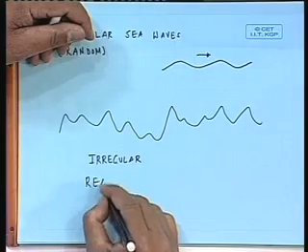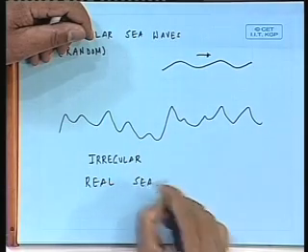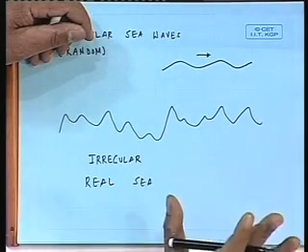Because ultimately our aim is to find out, when I am going to put my ship in a real sea, how the ship behaves. Now, a real sea is not composed of idealized single sine waves. It looks something like that.